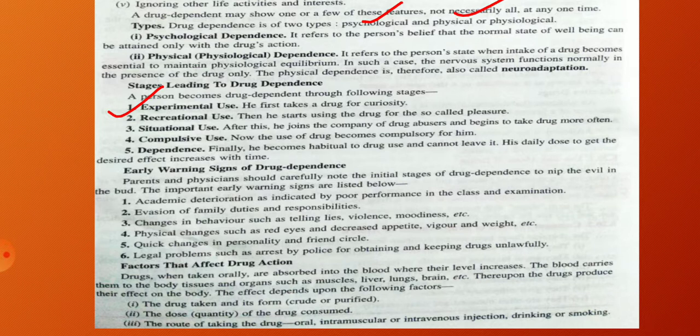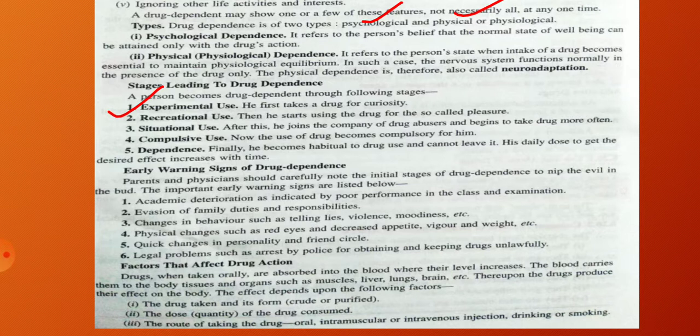Then comes the dose, that is the quantity of the drug consumed, how much we take at a single time. It may be some ml, it may be one tablet, all these things. Then the route of taking the drug: oral, intramuscular or intravenous injection, or drinking or smoking.